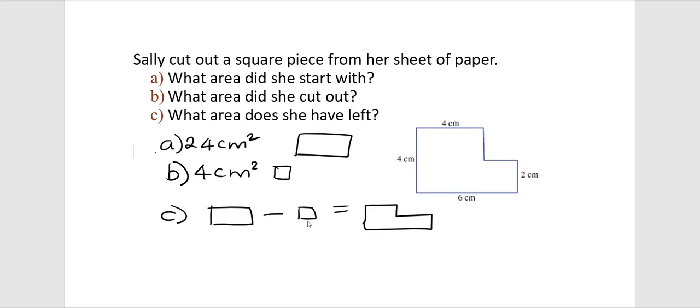So to use numbers, we have 24 centimeters squared, or we can just write 24 for now. Take away 4 will leave me with 20 centimeters squared. So the area she has left is 20 centimeters squared.